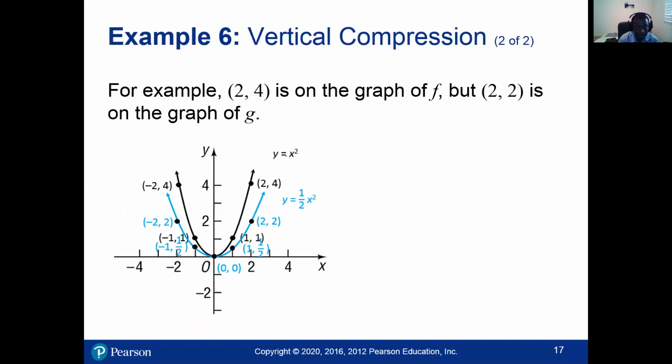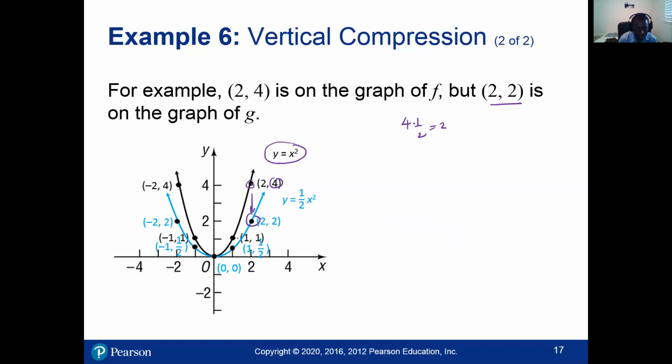The black is the basic function, y is equal to x squared. Okay, so again, remember every y coordinate we multiply by 1/2. So for this point, which is 2, 4, it becomes 2, 2, because 4 times 1/2 is 2. So that's why we have the 2, 2. So this point here becomes that.